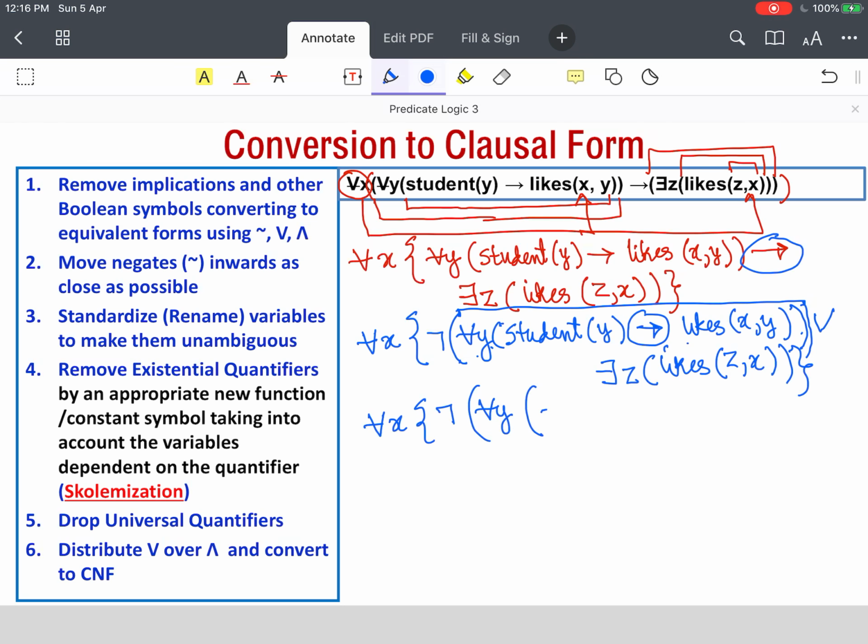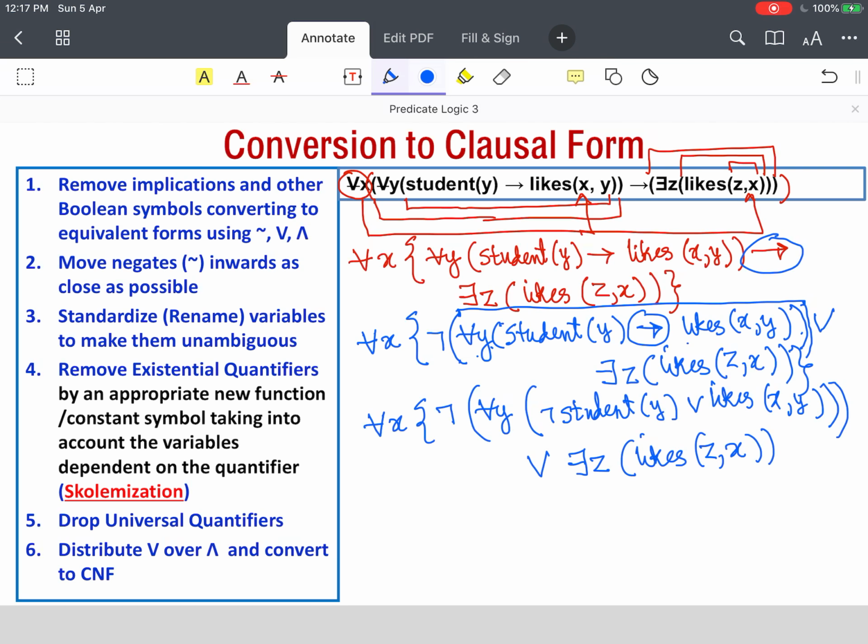Now this for all y covers these two, so this will be for all y, and then we will get not student y or likes xy. This bracket gets closed here, this bracket gets closed here, or there exists z likes zx.